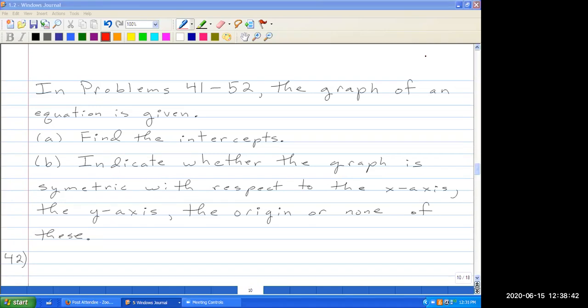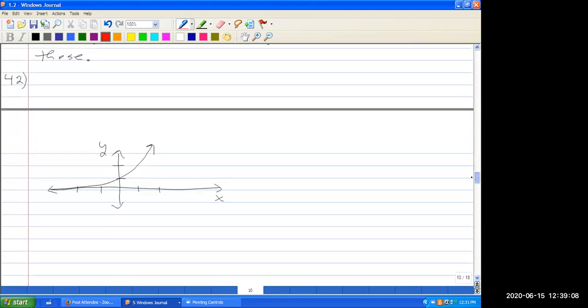In problems 41 through 52, the graph of an equation is given. A, find the intercepts. B, indicate whether the graph is symmetric with respect to the x-axis, y-axis, origin, or none of these. So let me do that. So this is my graph here.